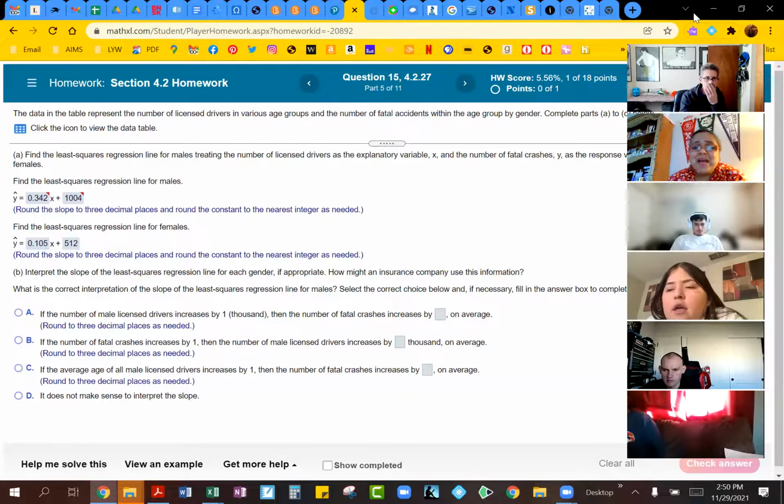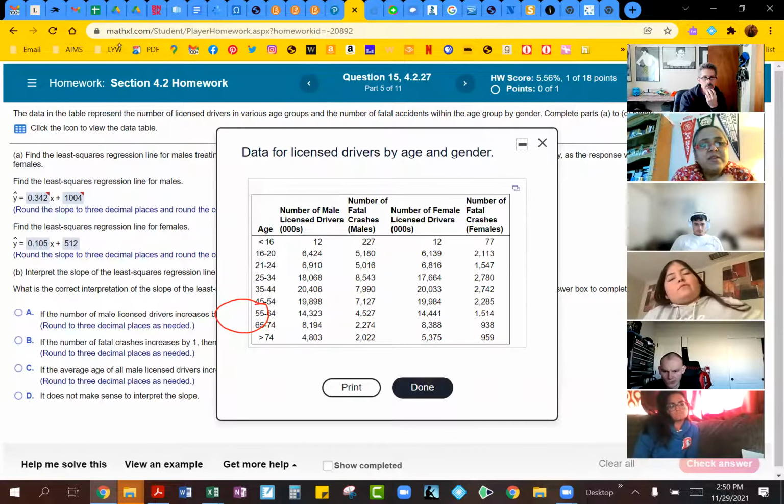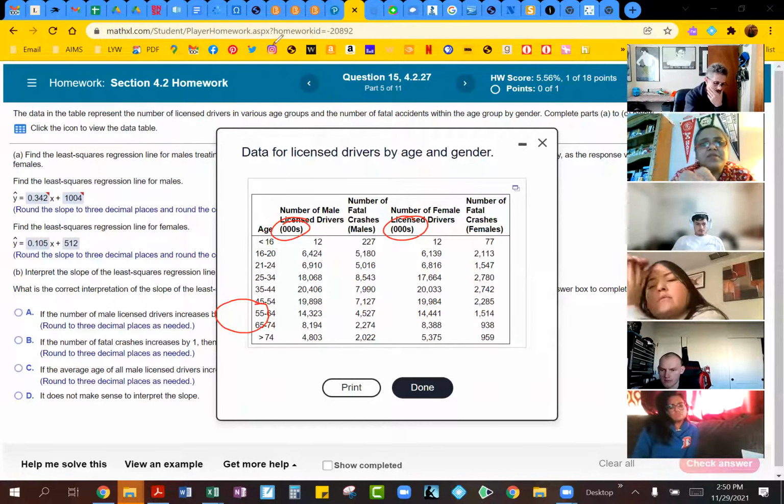A. Yeah, because this is the only one which is talking about in 1,000. And remember, in your table, they are giving you this data in thousands for the male and female. So really, that's the only option that even makes sense over here.